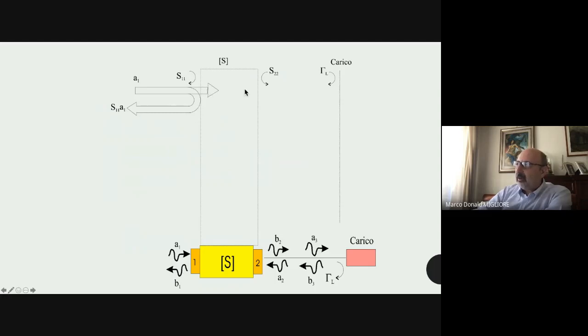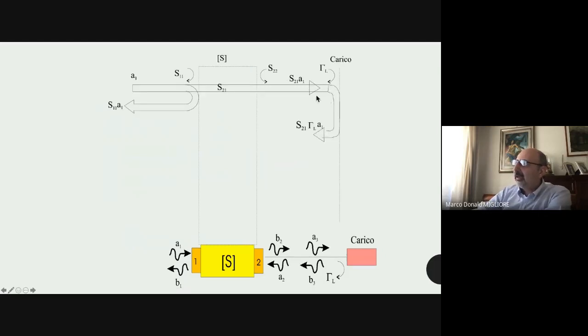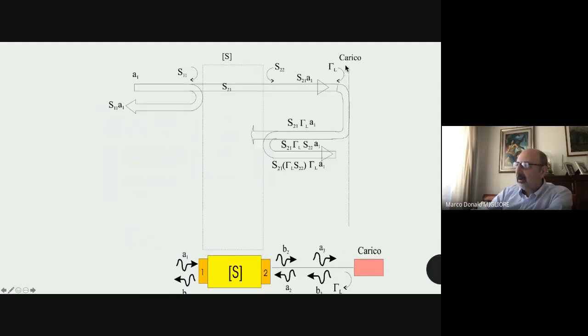The signal goes on, it reaches the load, and it's reflected by the load. And in this reflection, we have the information that I want, that is the reflection coefficient of the load. This signal goes on, then it arrives to this other port of this equivalent error device.